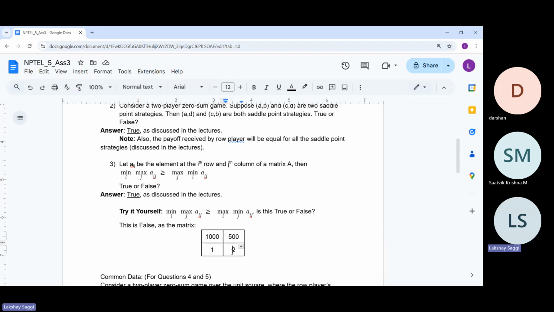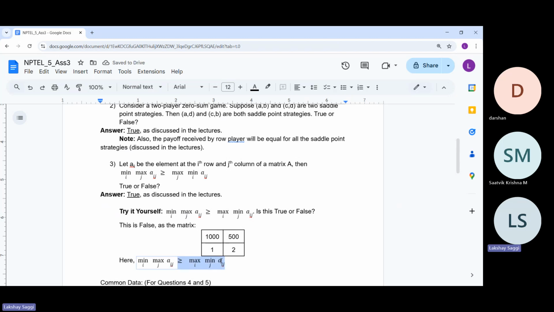So that's why the min max over ij, maybe I should just copy this. Here, min max over ij is equal to 2. Whereas what will be the value of max min a_ij here?